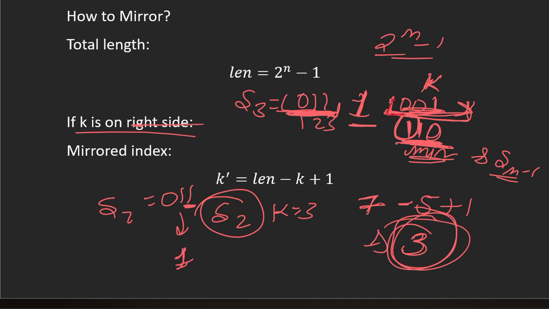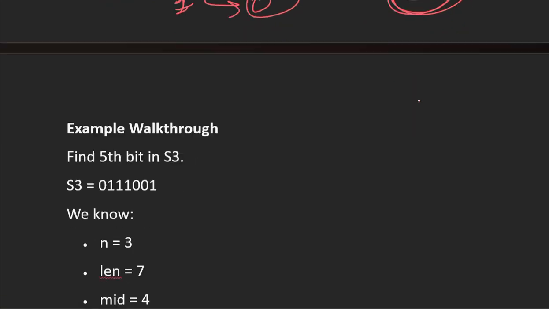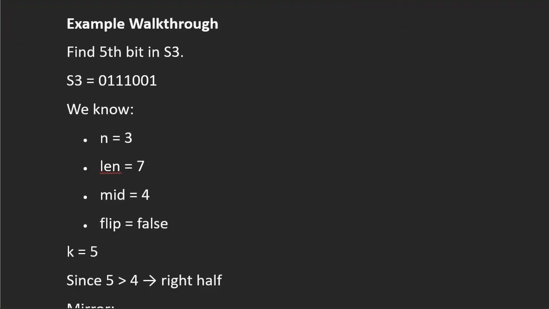But as we have moved to the right part, we also make sure that whatever answer we get, we flip that bit. So here we are getting 1, so we flip that to 0, so 0 is our answer, right? I hope you get this. So let's see an example to make it more clear.